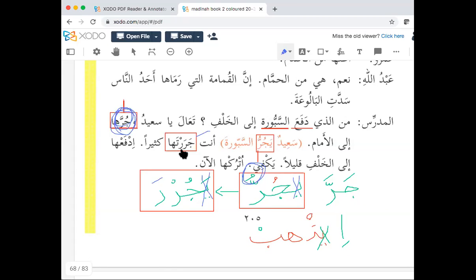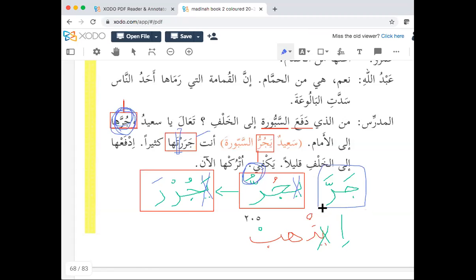Yes, it is at certain times when you add a dhamir muttasil, as you can see over here. This dhamir ta is being added, and it's going to be difficult to say anything except jarar ta.